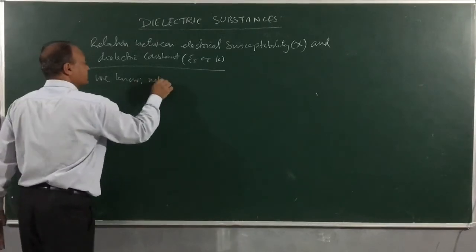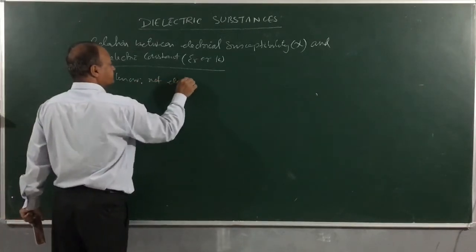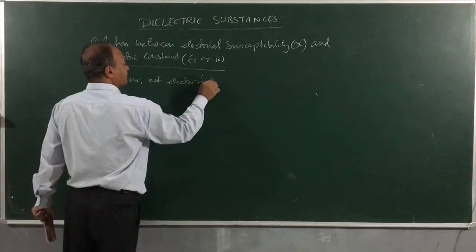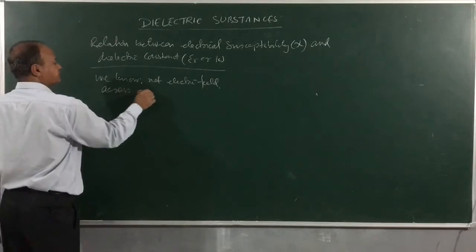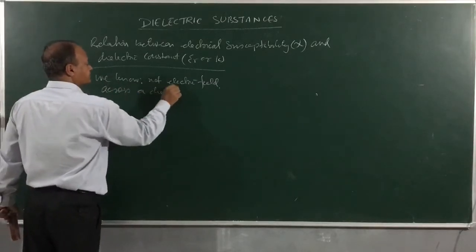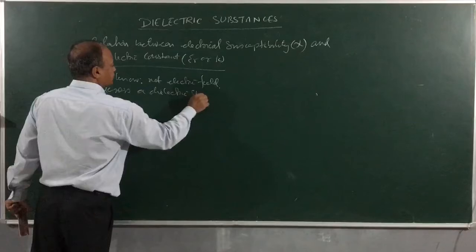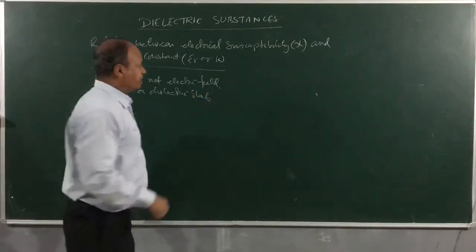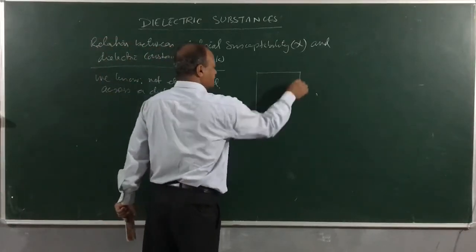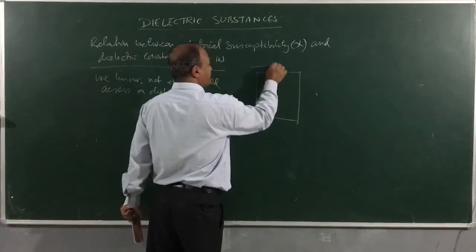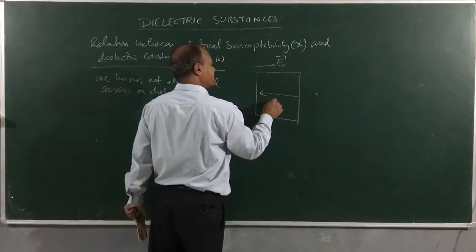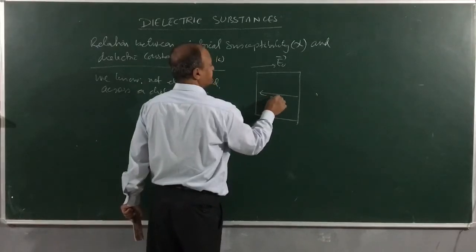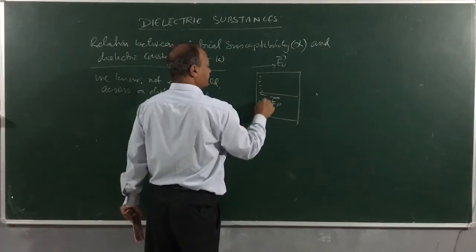the net electric field across the dielectric slab. Once again, let me go back to explain to you. With the dielectric slab, I am applying electric field what? E naught. Then that is how we induce electric field EP. Right? This is negative.